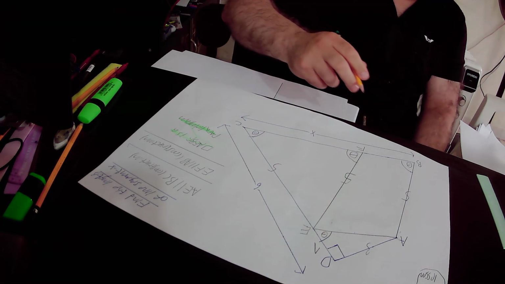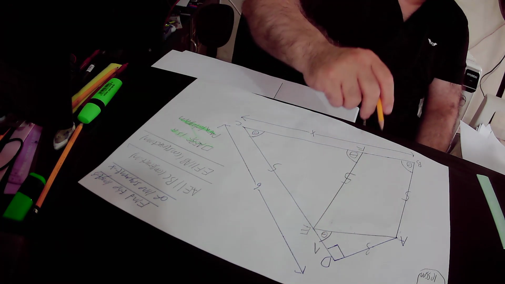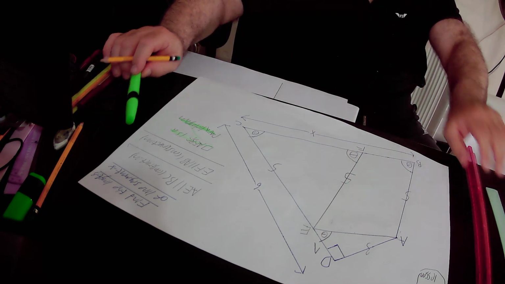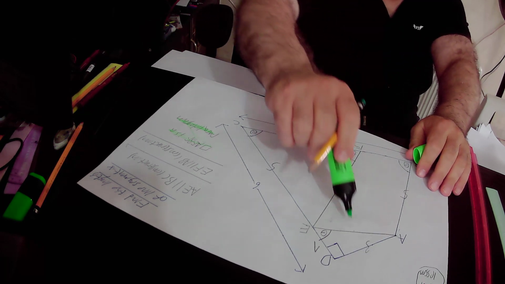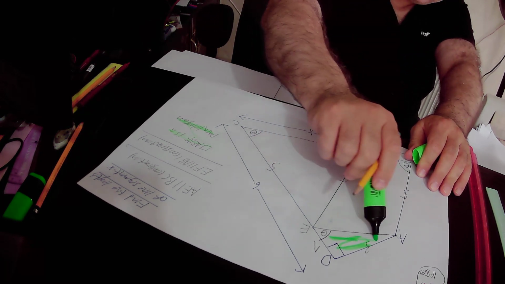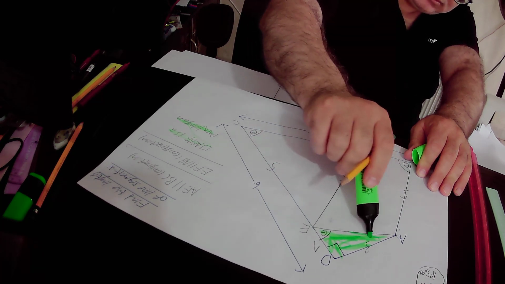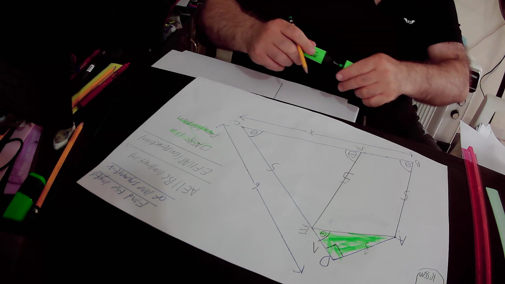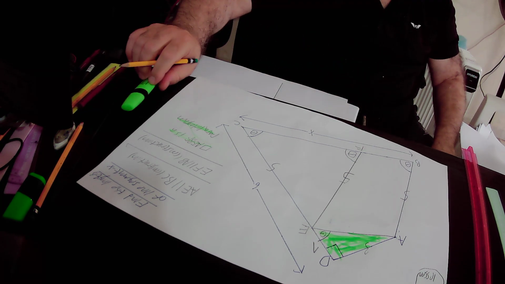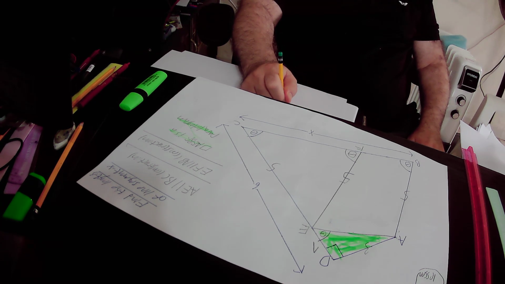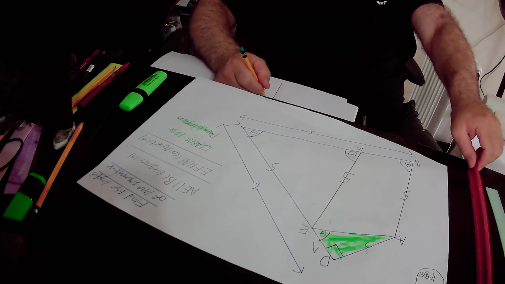Now we'll focus on the right triangle ADE and find the length of the hypotenuse AE according to the Pythagoras theorem. In this right triangle ADE, according to the Pythagoras theorem, the square of the hypotenuse equals the sum of the squares of the perpendiculars.